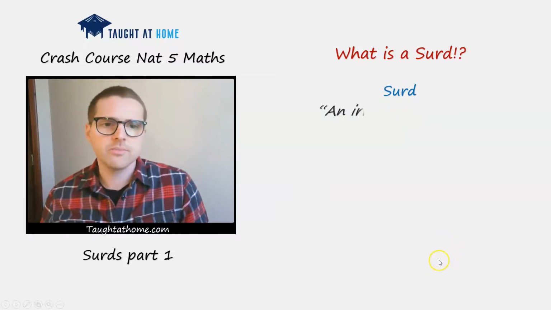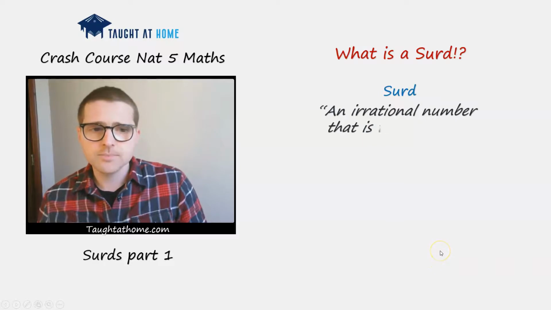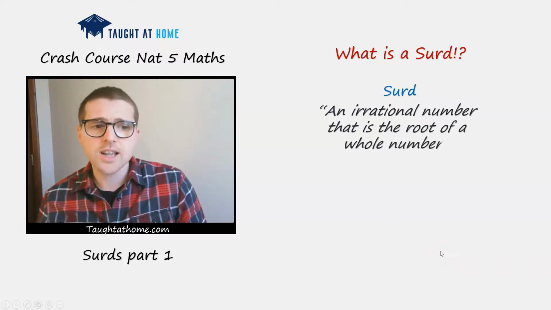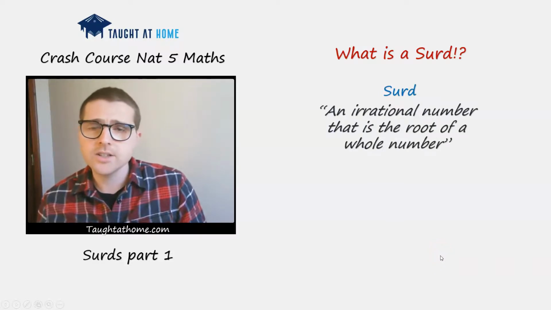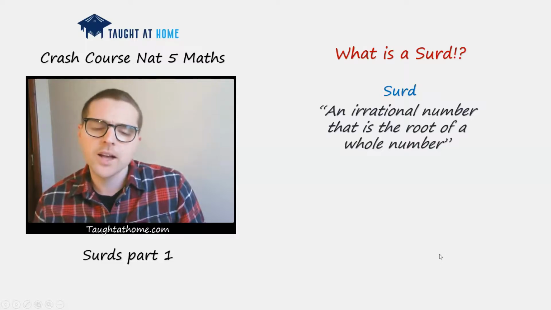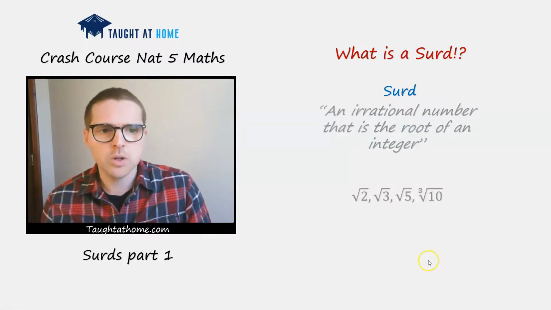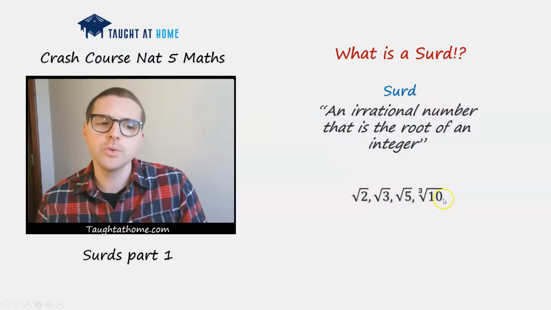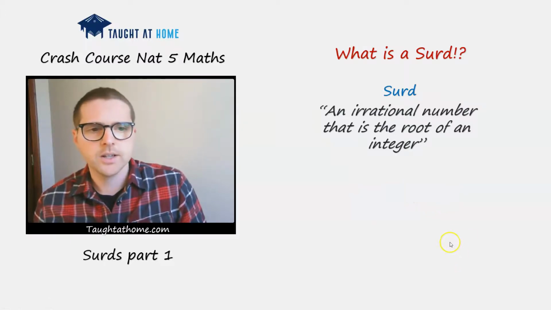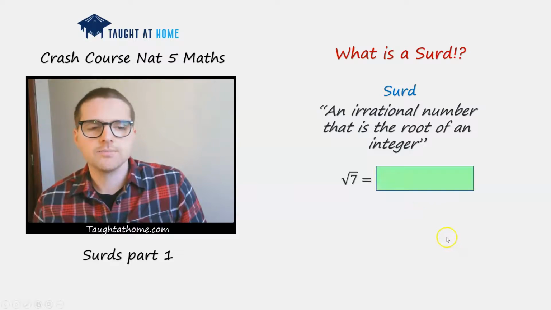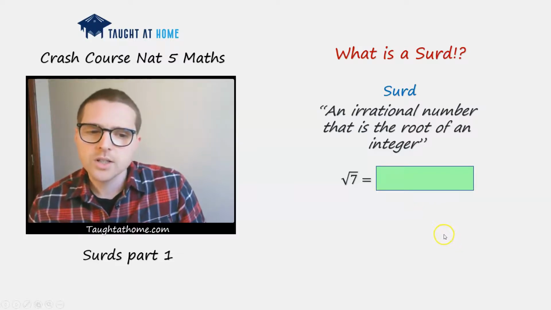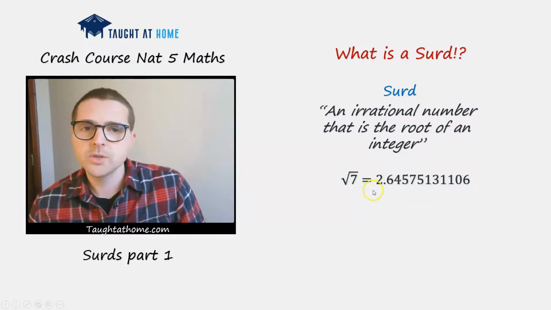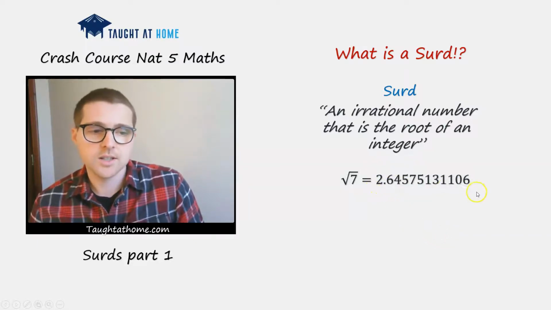Well, a surd is an irrational number that can be expressed as a root of an integer or root of a whole number. And we've seen some examples of this. An example will be square root of 2, square root of 3, square root of 5, cube root of 10. So the square root of 7, if we were to put this into a calculator, it would give us this answer here.